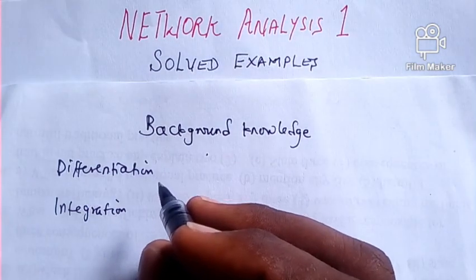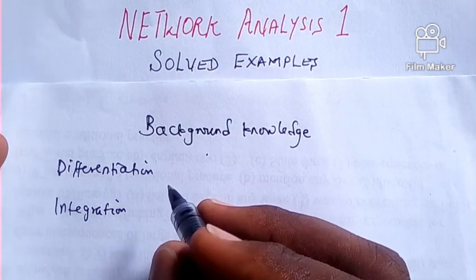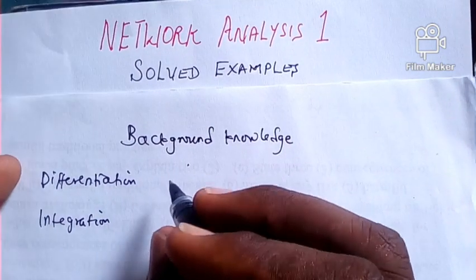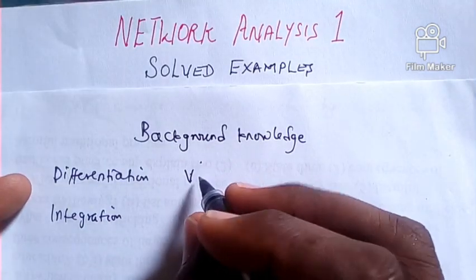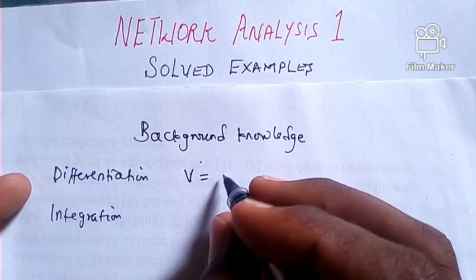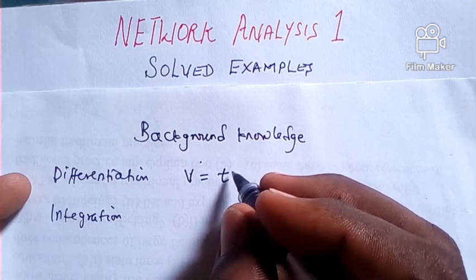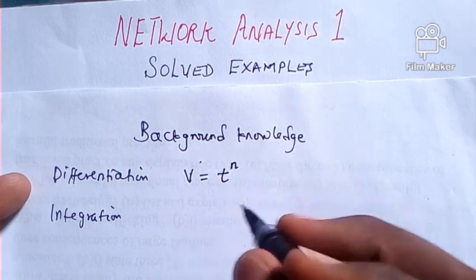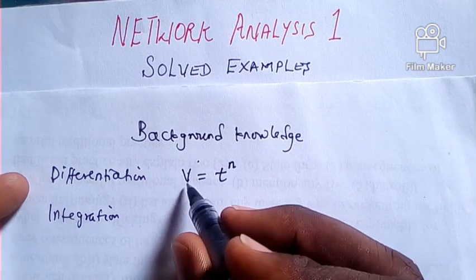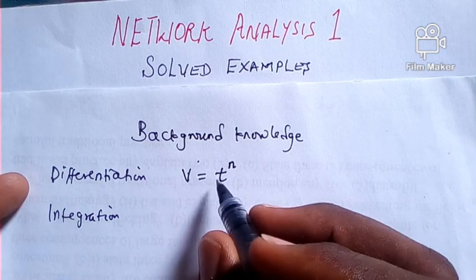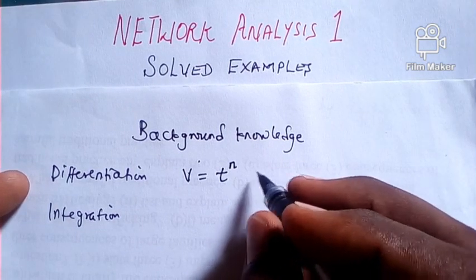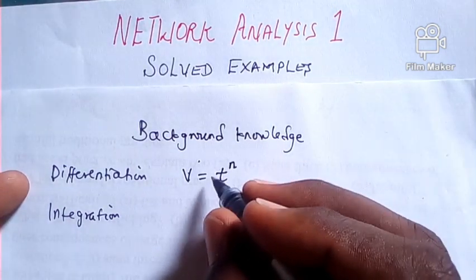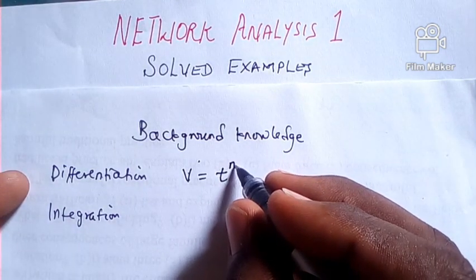Now, forget about the grammar. The most important thing is, if I have a function, let's say v, and it is equal to t to the power of n, and I am trying to differentiate this function, the differential is defined as: I'm just going to take n multiplied by t and subtract 1 from the power.